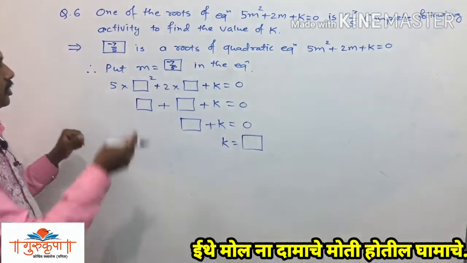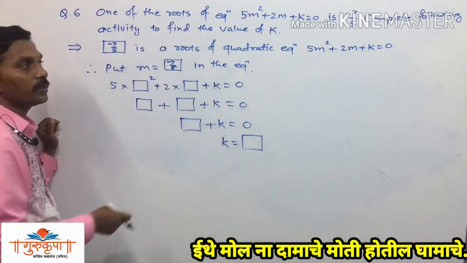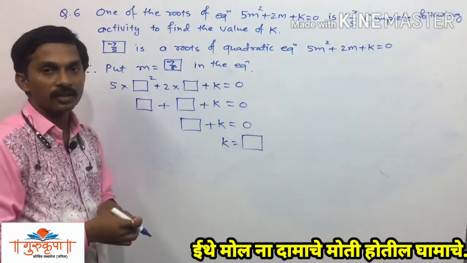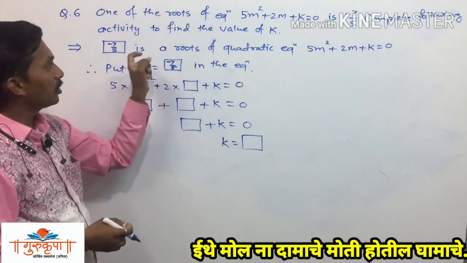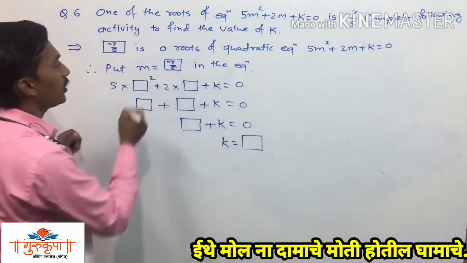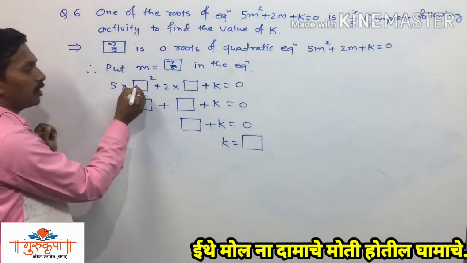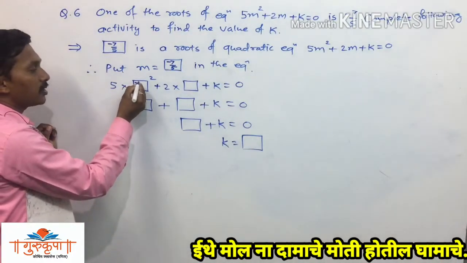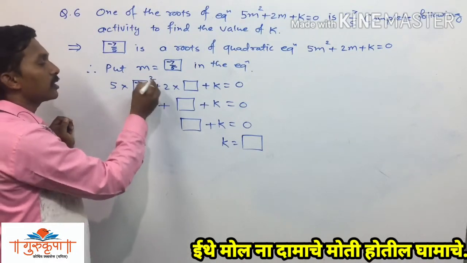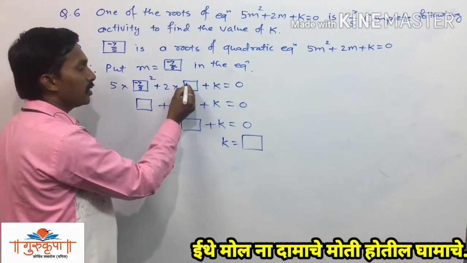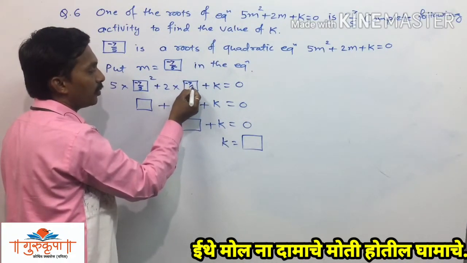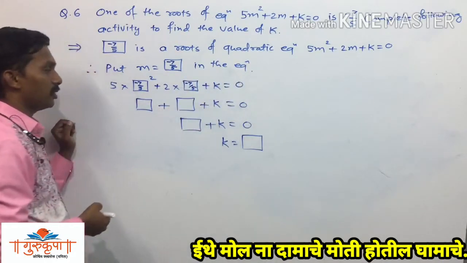In the equation 5m square plus 2m plus k is equal to 0, though the equation is not given there, we will directly put the values of m into these boxes. The value of m is minus 7 upon 5. So this is 5 multiplied by bracket minus 7 upon 5 whole square, plus 2 multiplied by minus 7 upon 5, plus k is equal to 0.